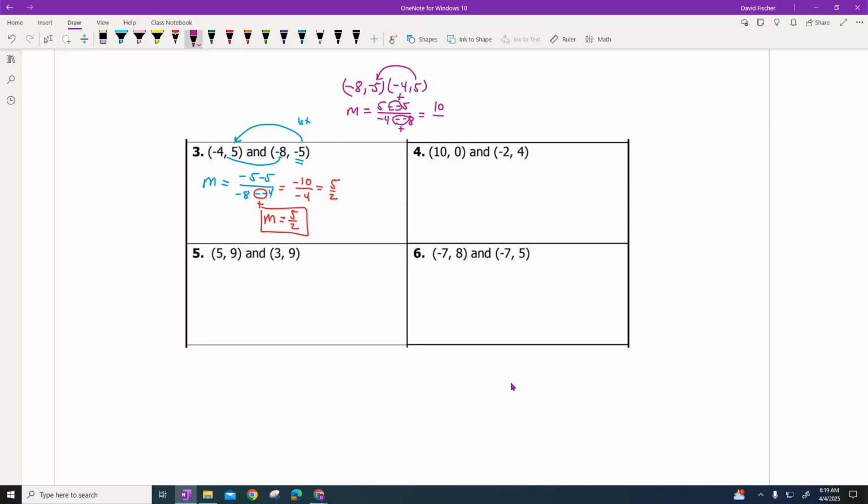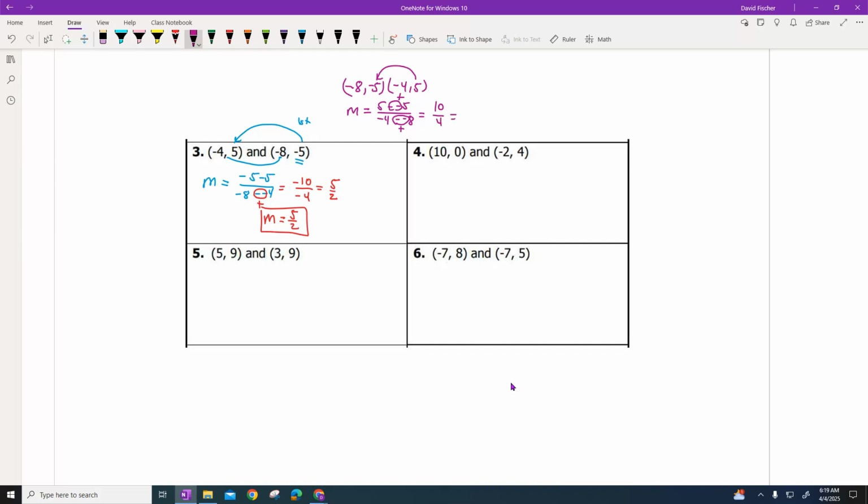Oh, I'm not getting the same answer here. Did I copy the problem right? We should have the same answer here. Alright, let me see. 5 minus 5 is a plus. -4 minus 8. Something. Oh no, because -4 plus 8 is a +4. Sorry, I was thinking that was a negative in my head.